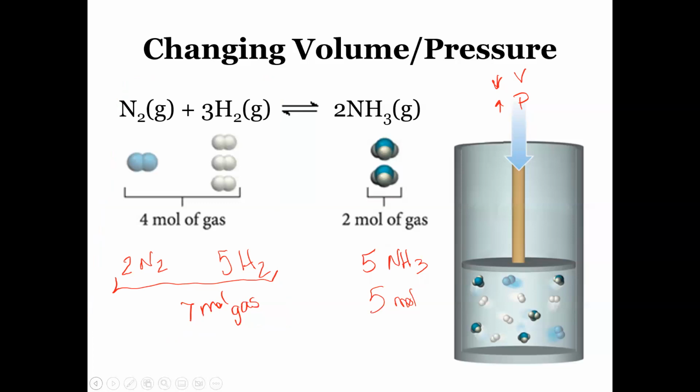The reactant side does have more moles of gas. But if you look at, in terms of our mole ratio, where it was like a 4:2 ratio, now it's a 7:5 ratio. There are more products. So whenever we increase the pressure, it goes to the side with less moles of gas.